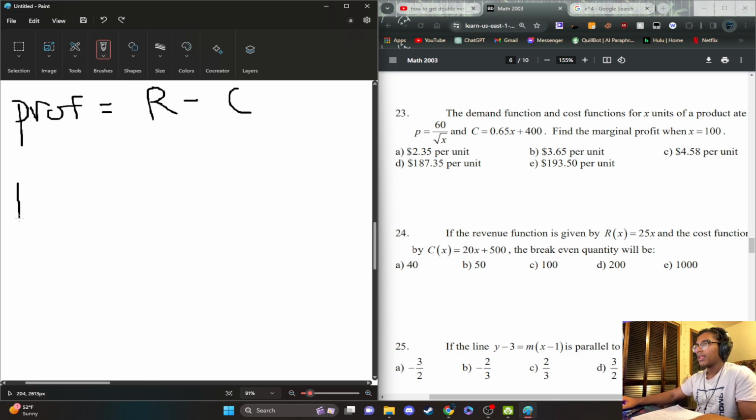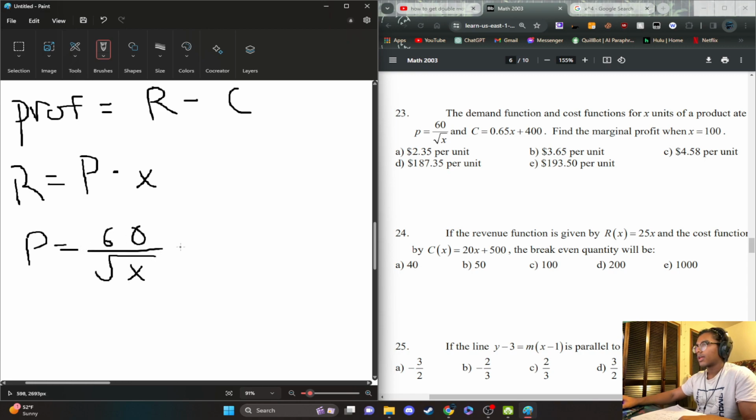Revenue R is your P times x. So your demand, how much people want, times how much you're selling. So you have P equals 60 over square root x. You multiply this by x, and this gives you your R. Let's simplify it.